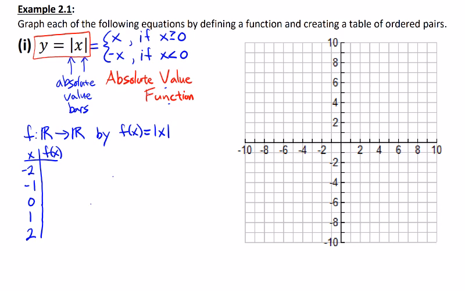And then you apply the absolute value operation to each one of these. So -2 would be 2 units away from 0 on the number line. So this would be a +2. -1 is 1 unit away from 0 on the number line. And you don't really have to make a new number line to do that when you have a number line already here on the Cartesian coordinate plane.